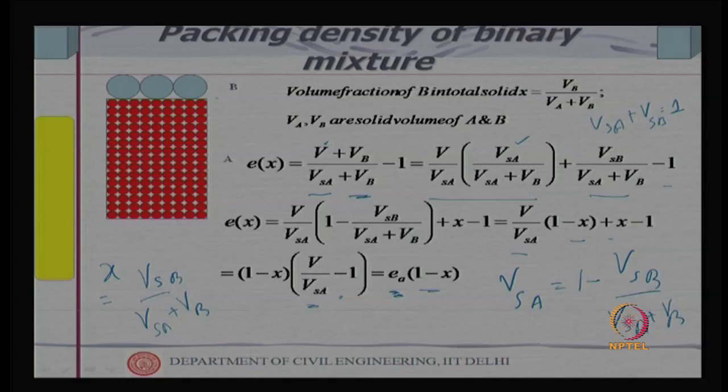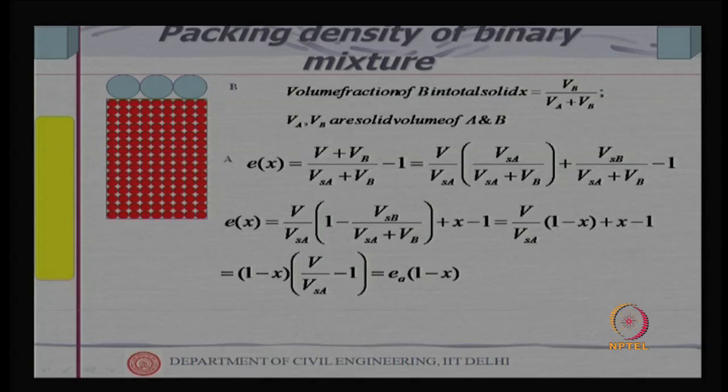Then I am doing a small algebraic manipulation. What is that manipulation? I take this term out and write it in this manner, multiplying top and bottom by V_SA, and this term I keep as it is.